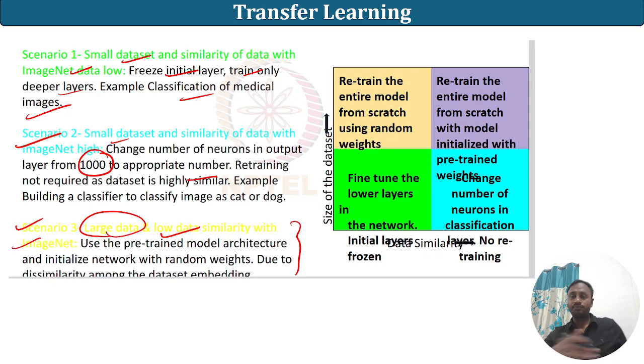So today the theory part is completed. What we have learned: how the fully convolutional architecture works, then semantic segmentation. We also checked instance segmentation and panoptic segmentation.